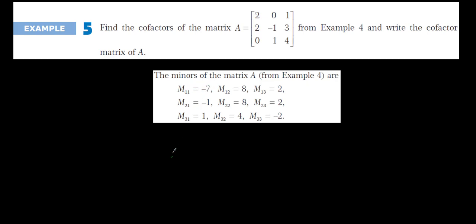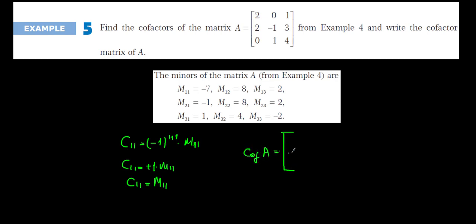Then C11 is equal to minus 1 to the power of 1 plus 1 times M11, which means that C11 is equal to plus, because minus 1 to the power of 2 times M11 gives C11 equal to M11.